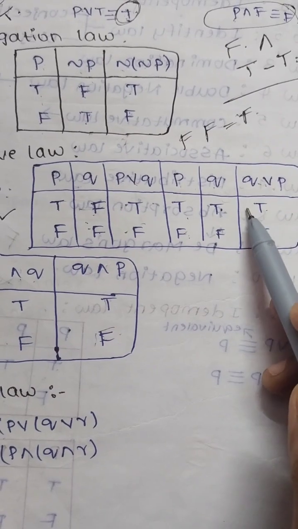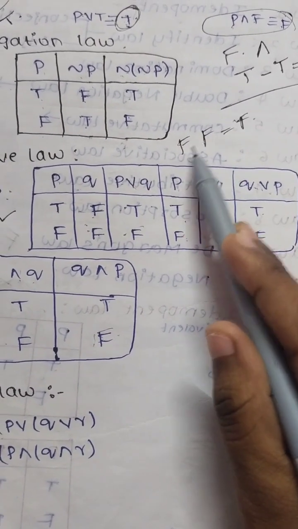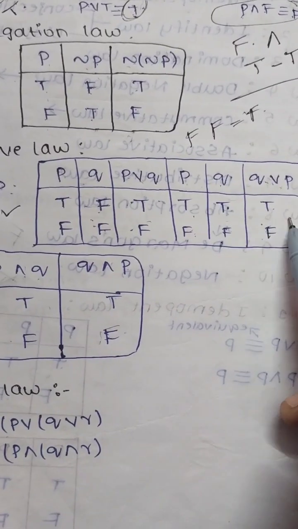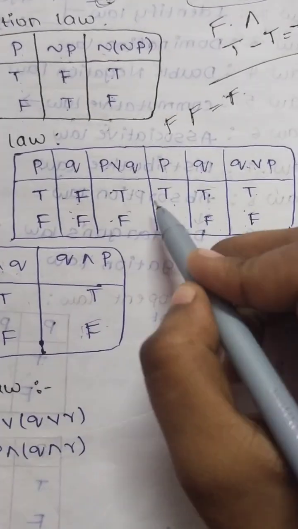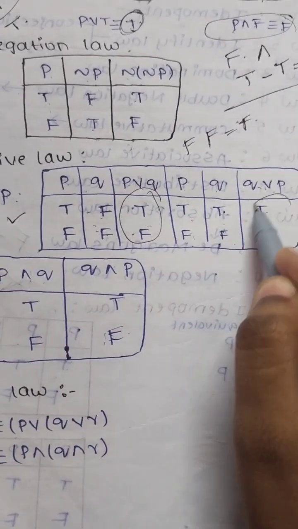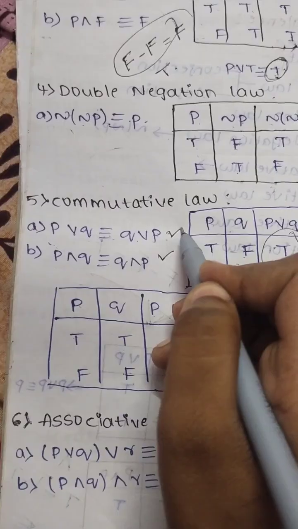For OR operation, false, false is false, remaining all are true. So it also satisfies the condition, true, true, true, false. So P or Q is equivalent to Q or P.